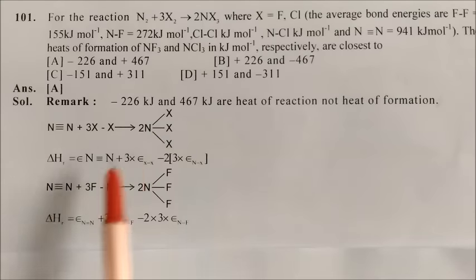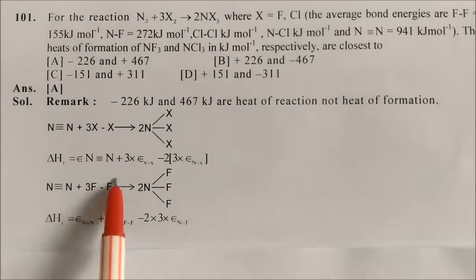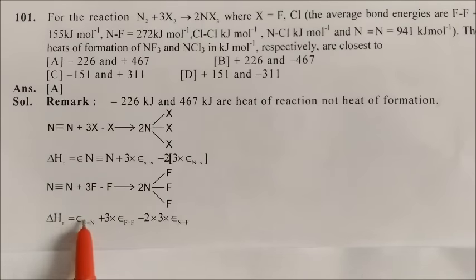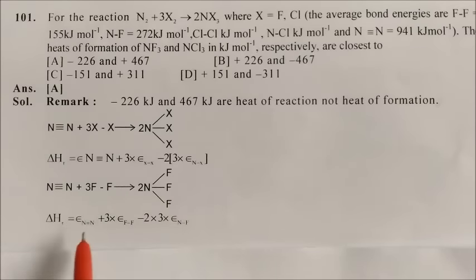Similarly, N2 plus 3F2 is the reaction. So for the reactants, this is the N2 and 3F2, subtracting 2 into 3 N-F. All values are given, so we'll get values.